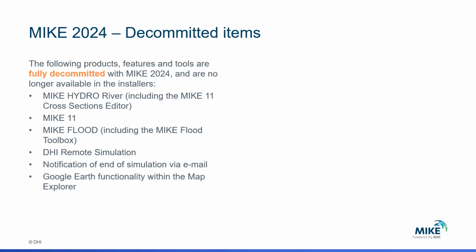Now, there is some sad news, and here is a list of things which are decommissioned with Mike 2024. We're not too sad because you can still use 2024 alongside 2023. But Mike Hydro River, Mike 11, and Mike Flood are no longer in the Mike Zero installers from 2024 and going forward.